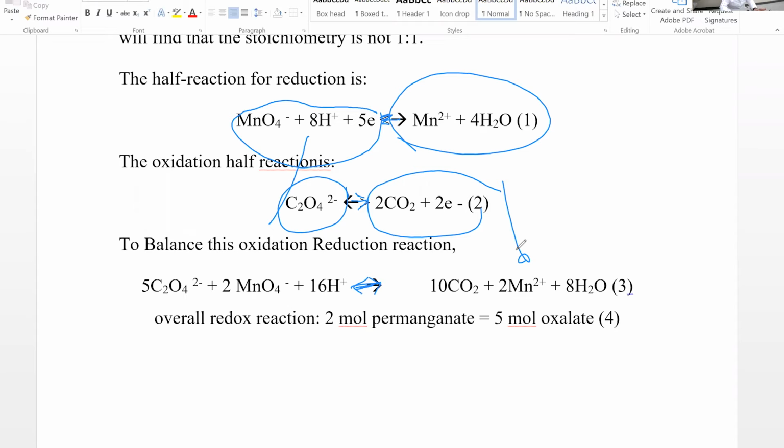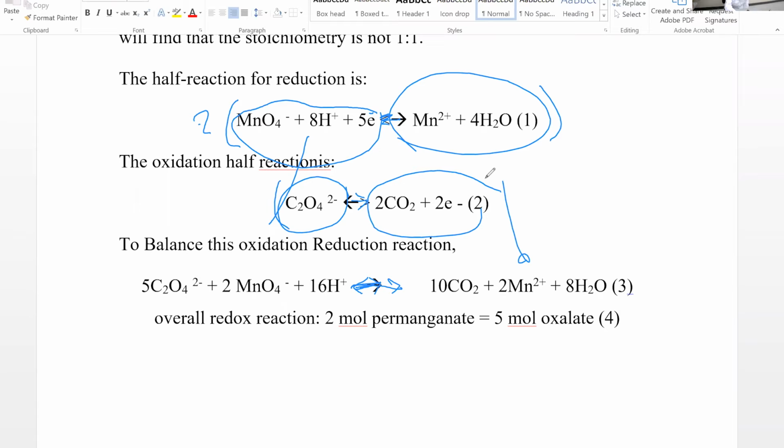Before you add this, I have to take you one step back. If you add these two, electrons do not add. Electrons must be canceled before you add them. So you have to multiply this small half reaction by 2 to get 10 electrons.